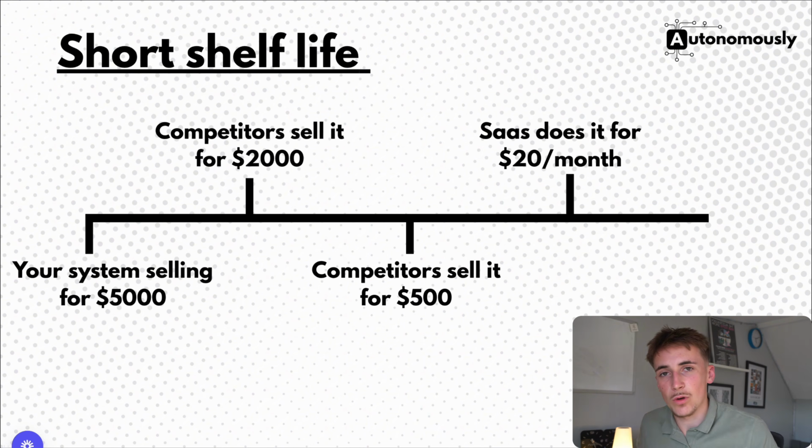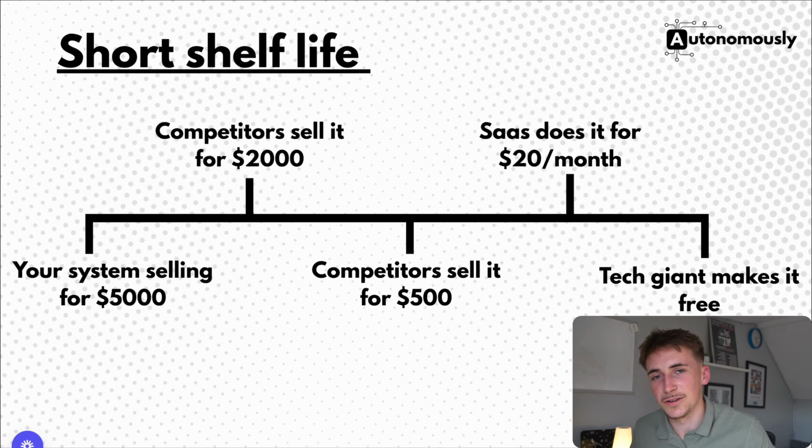And then someone might come along and create a SaaS that can do the exact same thing and cost these people $20 a month. I mean, there's already loads out there, like lead generation SaaS that uses AI to enrich the lead and get the specific contact information, things like that. People can come along, make a SaaS that does that, and charge $20 a month. And then this one doesn't always happen, but I just wanted to throw it in there: a tech giant could come in and make a similar system for completely free.